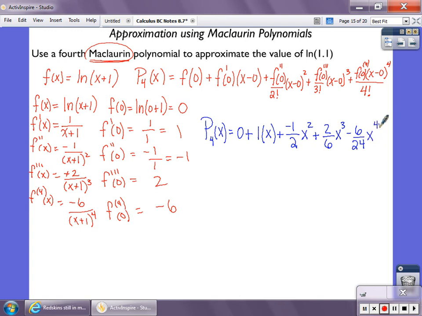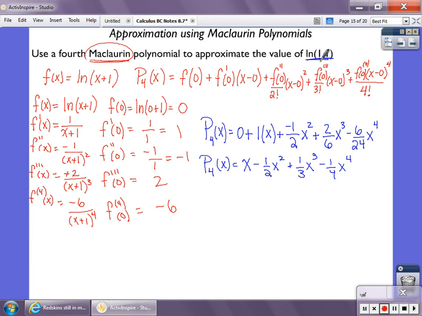So now I'm going to clean this up. P sub 4 of x is 0, we're not going to write that, plus x minus 1/2 x squared plus 1/3 x to the third, and then minus 1/4 x to the fourth. I'm pretty sure you could keep this going if you wanted an even better approximation, but it said to use the fourth degree, and we want to evaluate the natural log of 1.1.